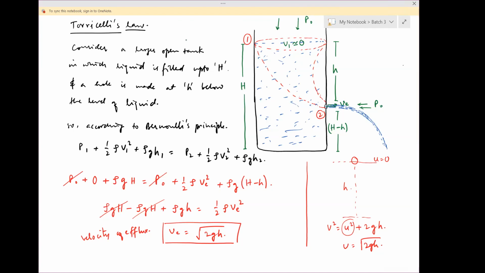Yes, sir. So we can conclude, as a body falls freely under the effect of gravity, similarly liquid does. Is it clear? Yes, sir. Okay, just write it down.